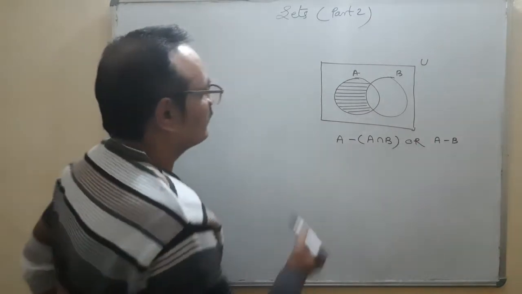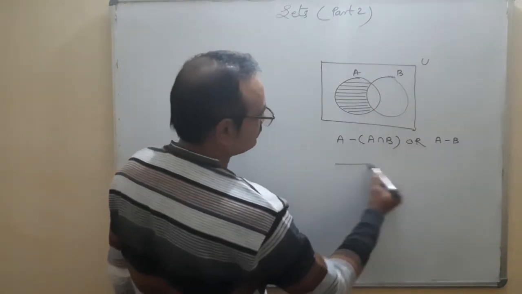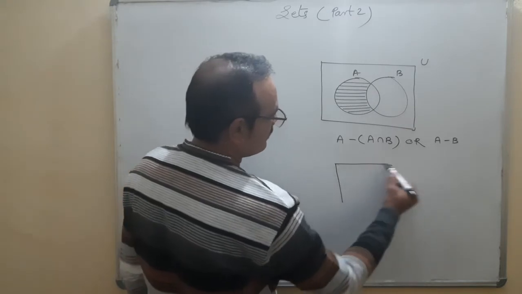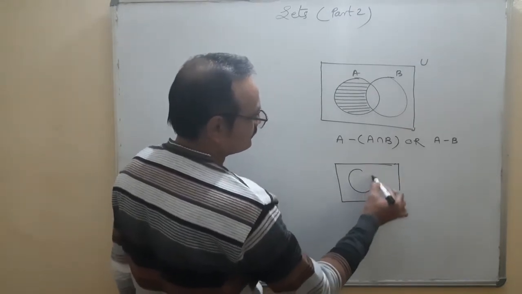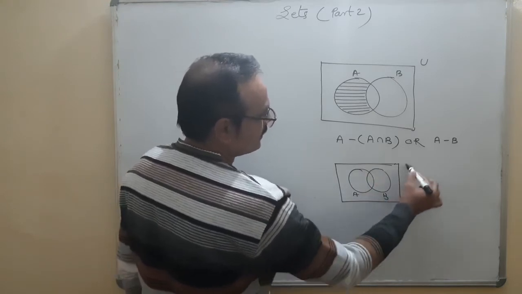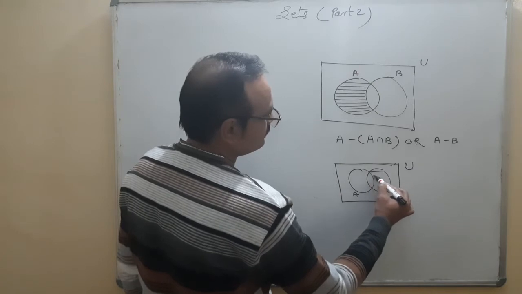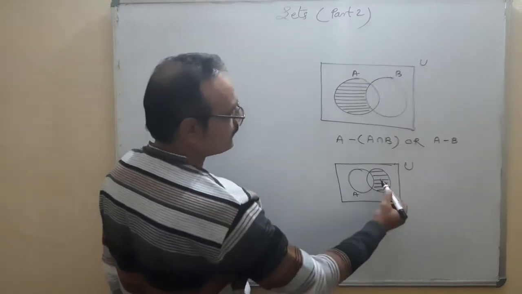Second one, with the help of diagram, everything you can explain to others. Here is A, here is B. This you want to represent, what to write here?